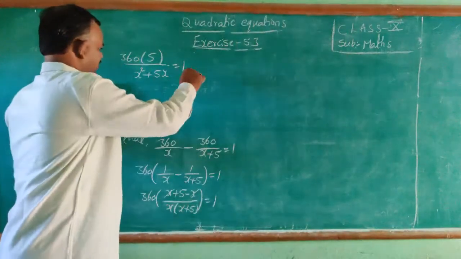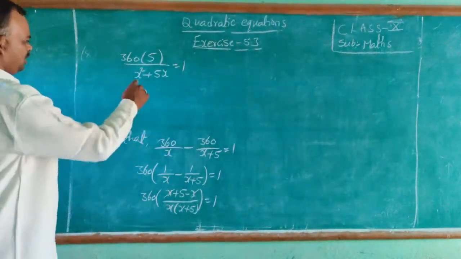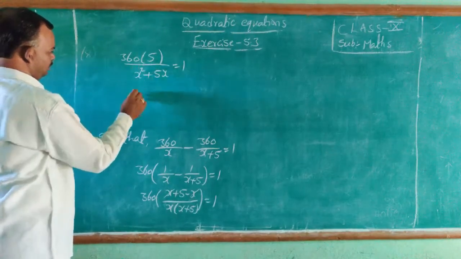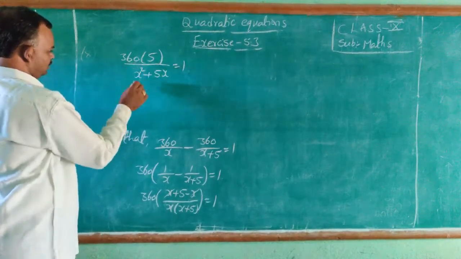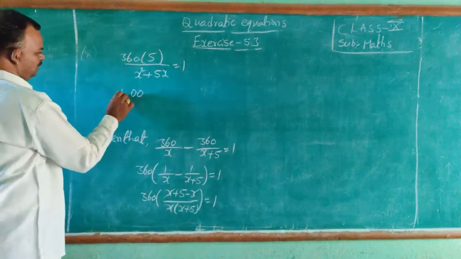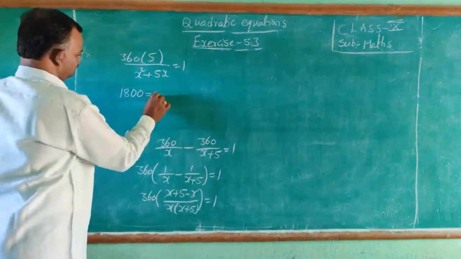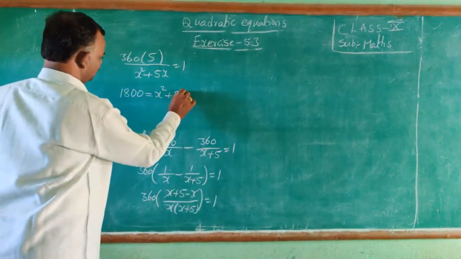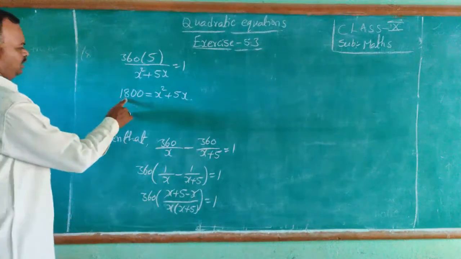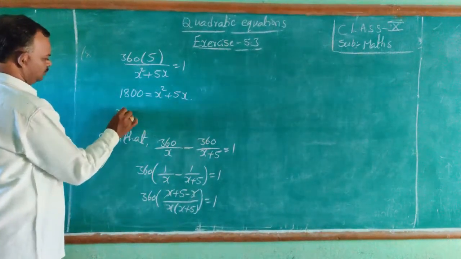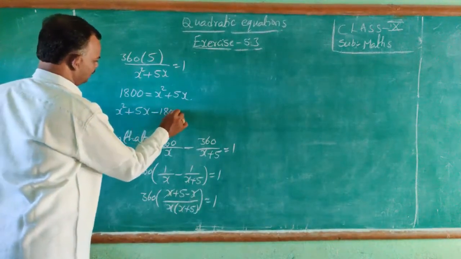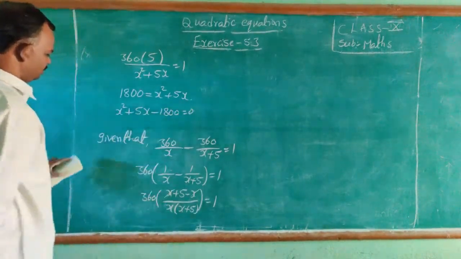Now cross multiplying. 360 into 5 is 1800, which is equal to x square plus 5x. Now we transpose the value: x square plus 5x minus 1800 is equal to 0.